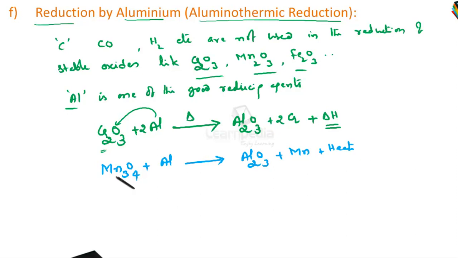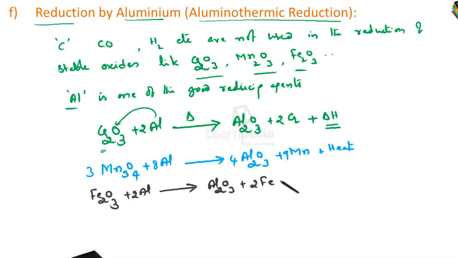So for balancing purposes, we need 3 moles of this and 8 gram atoms of aluminium to give 4 moles of Al2O3, 9 Mn plus heat. Similarly, when we go for Fe2O3 and reduce it with aluminium powder, we get Al2O3 plus iron. So therefore, 2Al, Al2O3, 2Fe plus delta H, heat content.